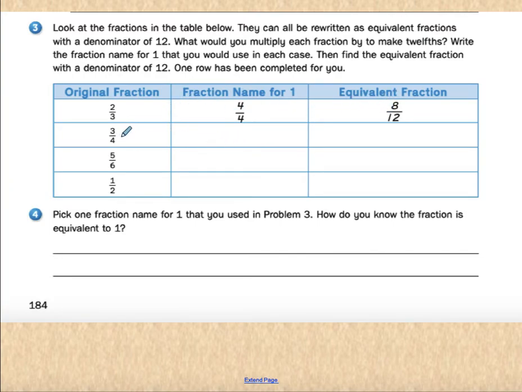This one, we have 3/4. What times 4 gets us 12? It would be 3, so we'd do 3/3. We're going to end up with 9/12 because we just multiplied straight across.